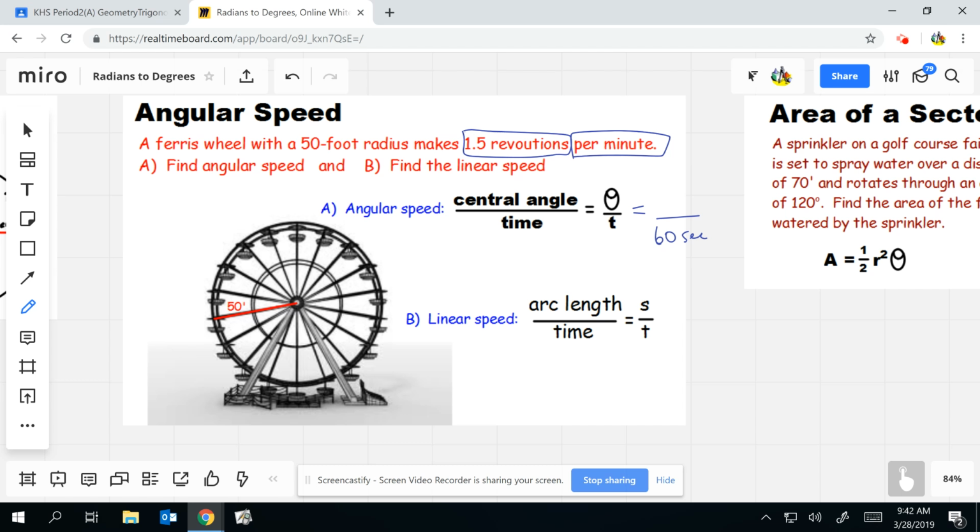So another half is going to be 3 pi. Every half a circle is a pi, so 1 pi, 2 pi, 3 pi would be 1.5 rotations. So my theta is just 3 pi. If I take 3 times pi and divide it by 60, you get 0.157.